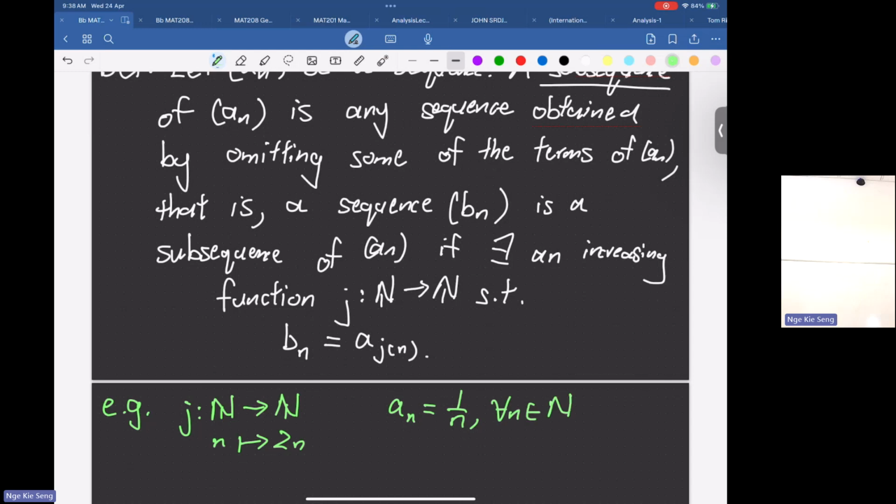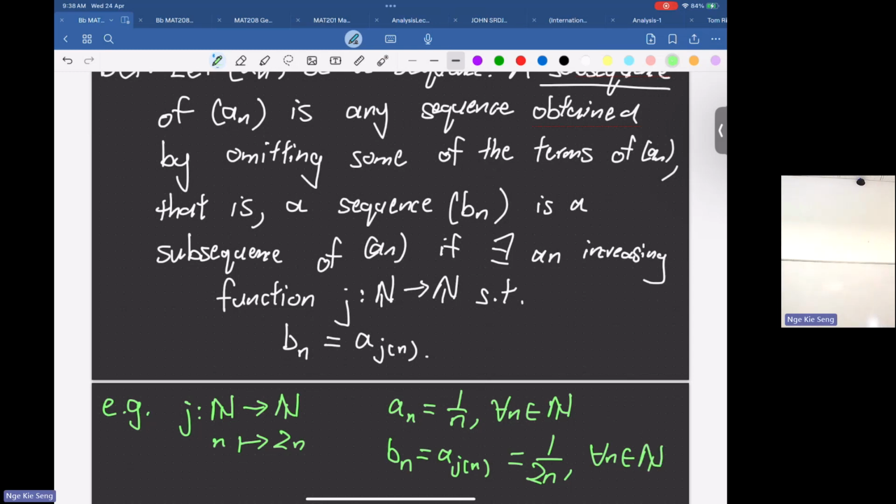We like 1 over n a lot, so let's keep using it. So what is b_n here, which is equal to a_{j(n)}? It's simply 1 over 2n.